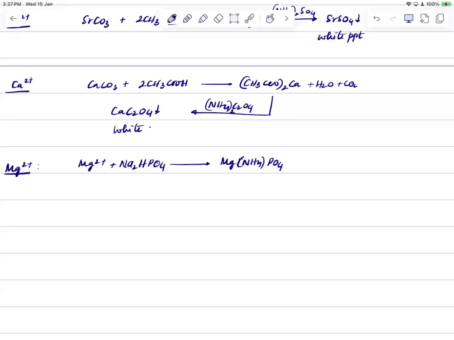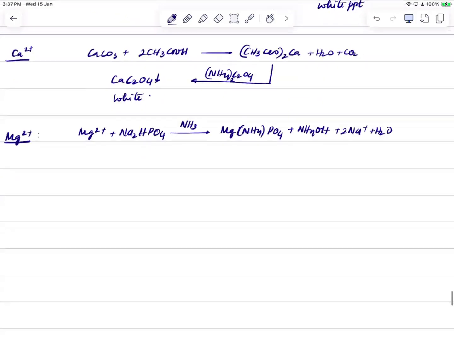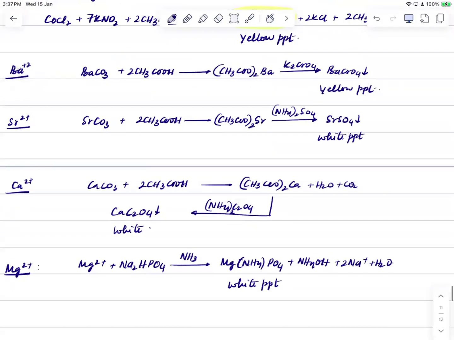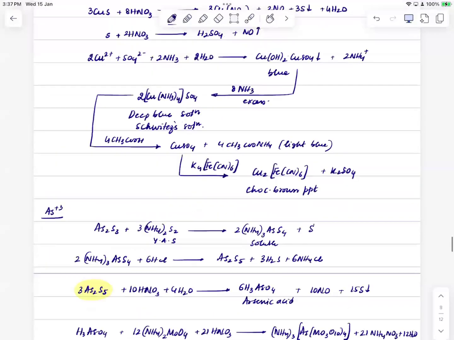This we have to add in the presence of ammonium, NH4OH, plus 2 moles of Na plus H2O will be formed. And this is a white PPT. Got it? These are the confirmatory tests for cations, guys.